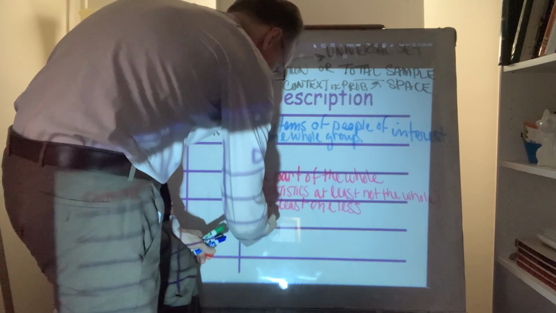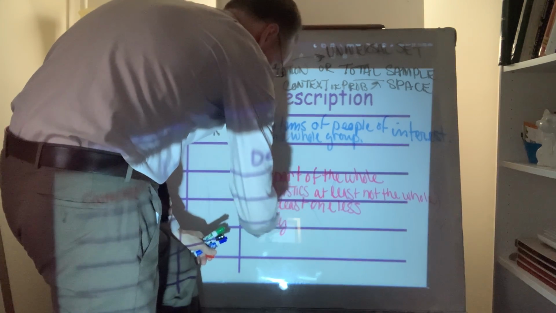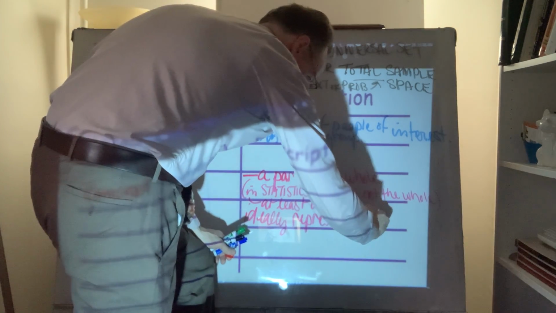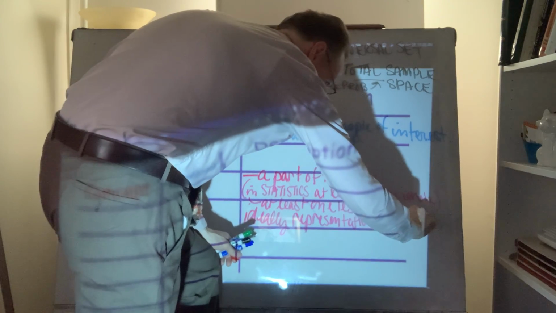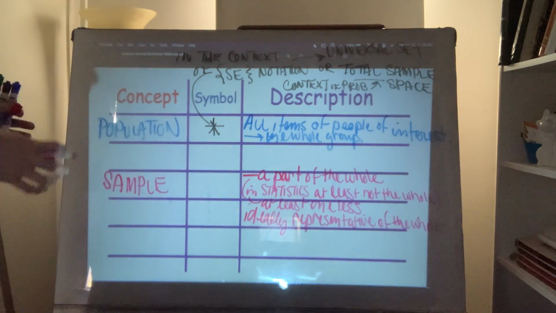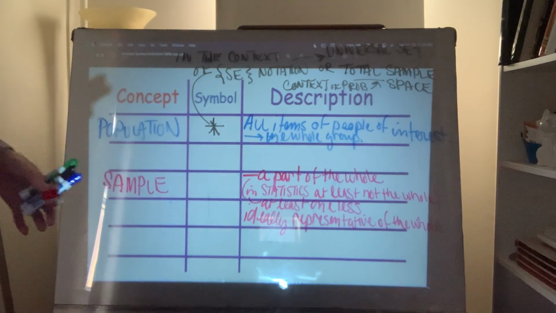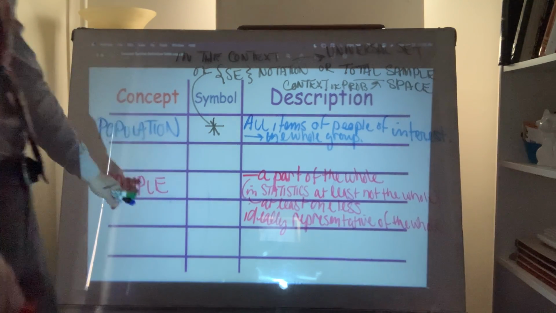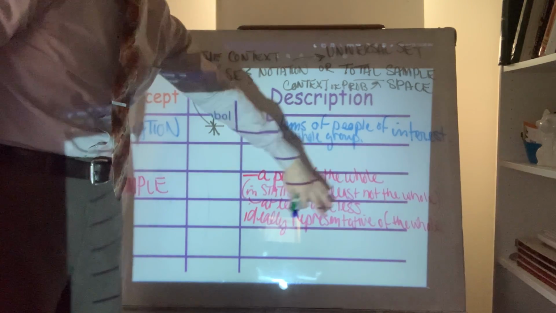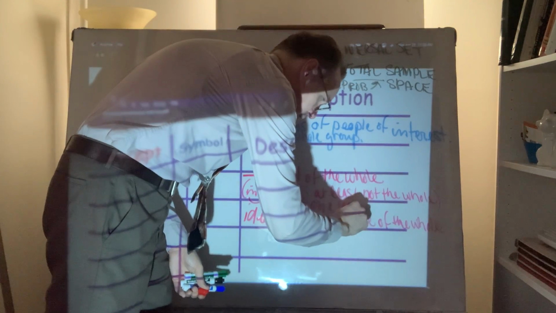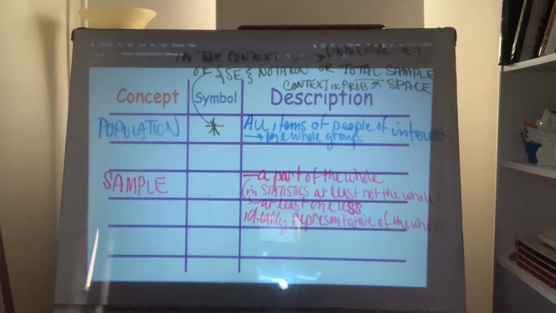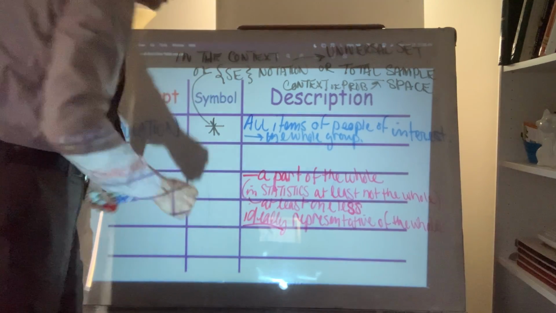It is ideally representative of the whole, which means that even though it is a smaller chunk, it's a mixed bag just like the whole would be a mixed bag. I hope that's visible. A sample is a part of the whole, in statistics at least, not the whole. It would be at least one less. One item, one person, one content. It's ideally representative of the whole. The key operative term there is ideally.